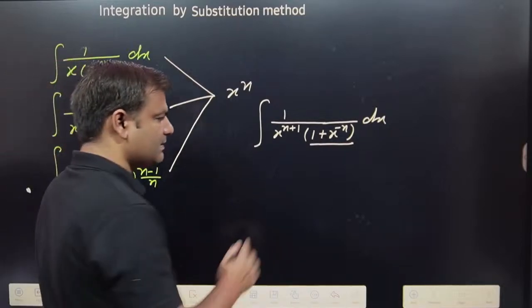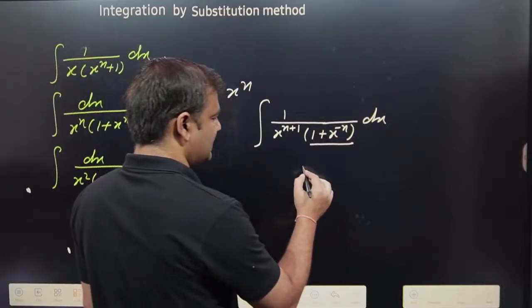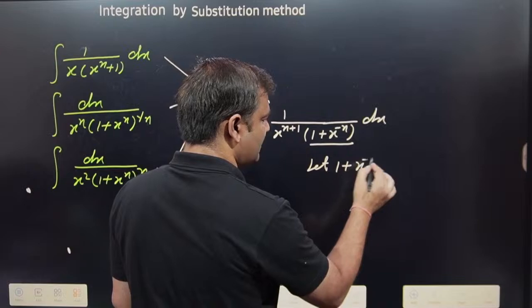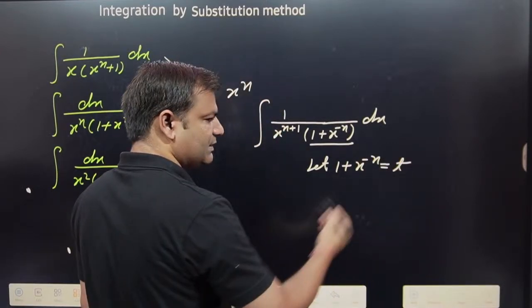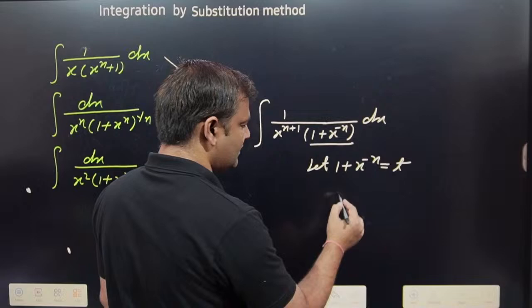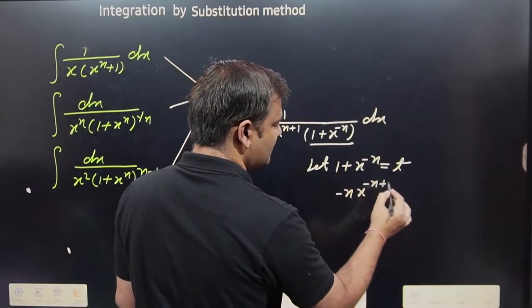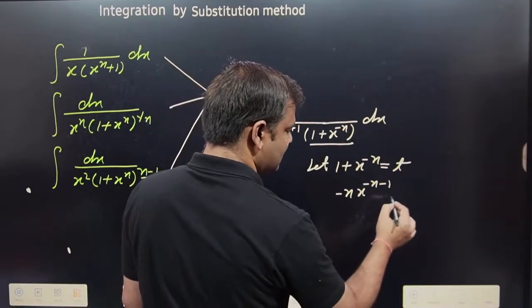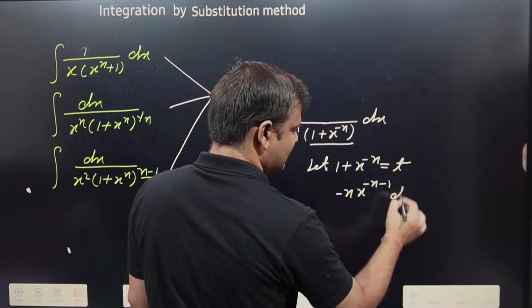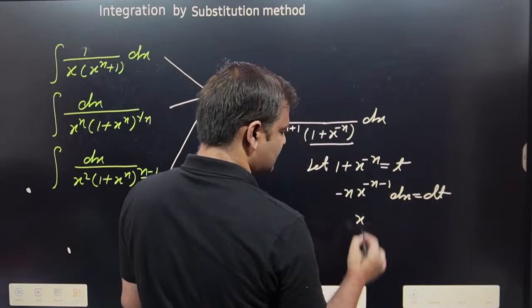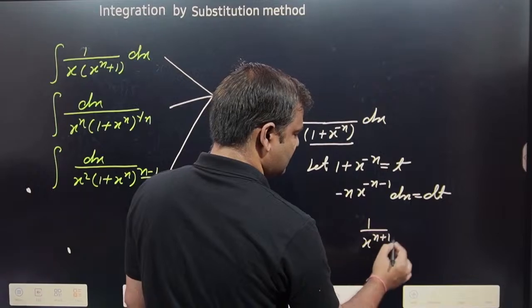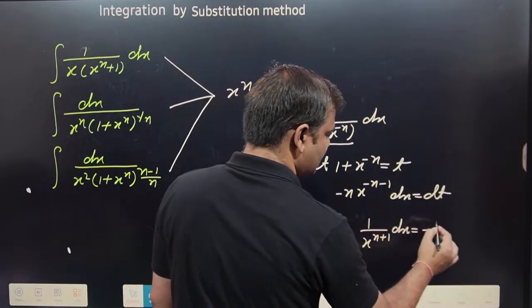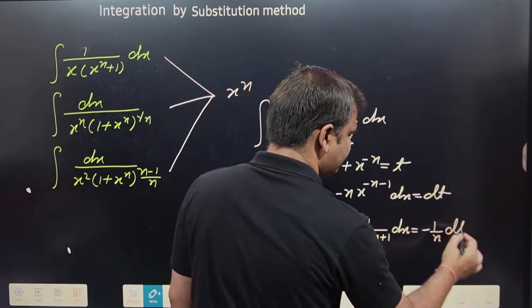After that, let 1 plus x to power minus n be equal to t. If we differentiate this, we get minus n into x to power minus n minus 1 dx equal to dt. So 1 upon x to power n plus 1 dx is equal to minus 1 by n into dt.